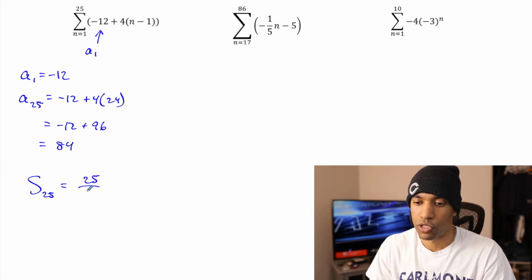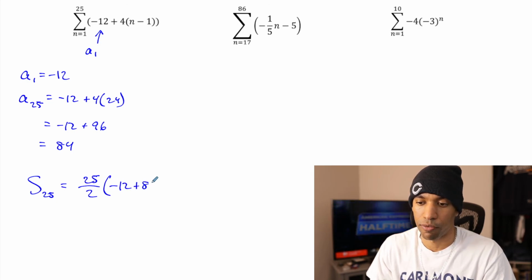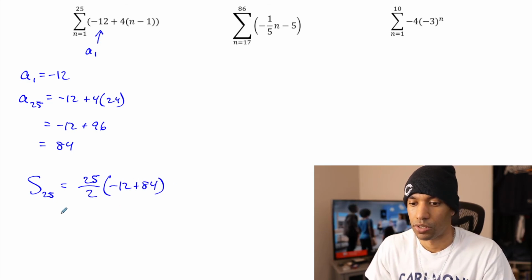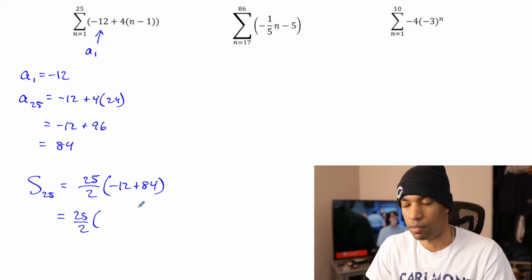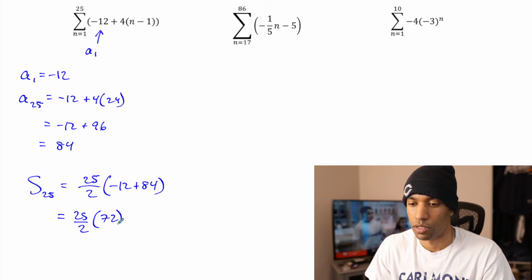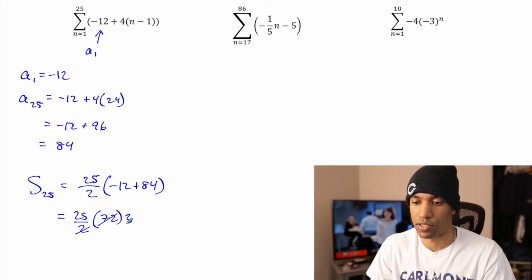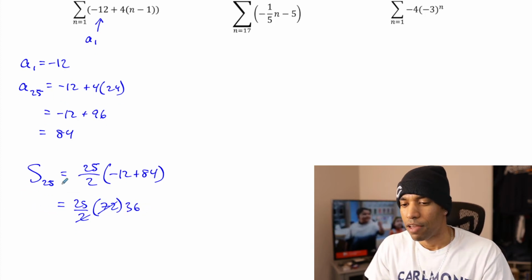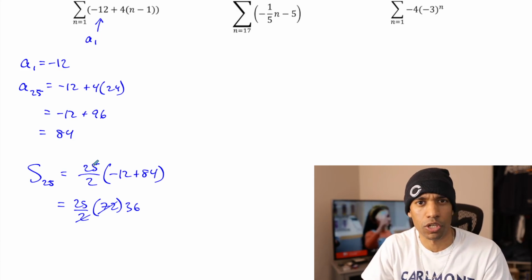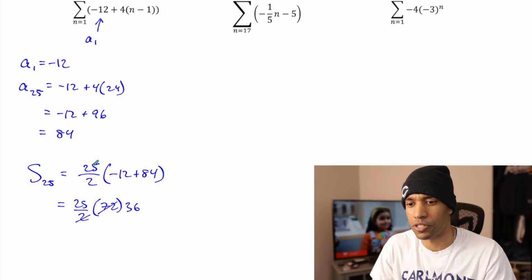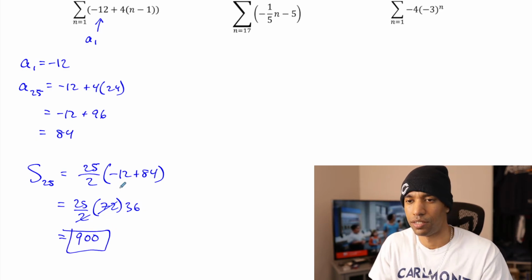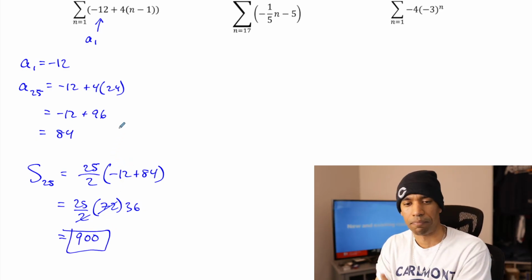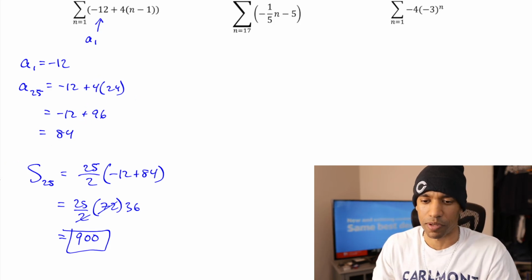So it's 25 over 2 times negative 12 plus 84, which is 25 over 2 times 72. 72 over 2 is 36. And 25 times 36. If I have 36 quarters, how much money do I have? 4 quarters in $1, $9. That's 900. There's my sum. I'm going to trust I did all that right, but there's my sum.